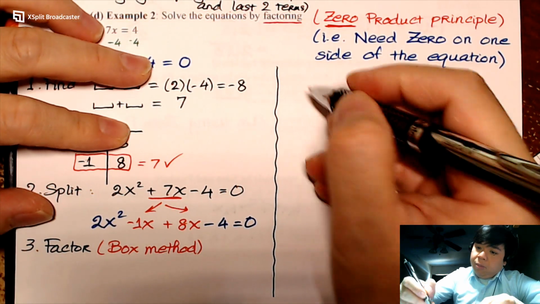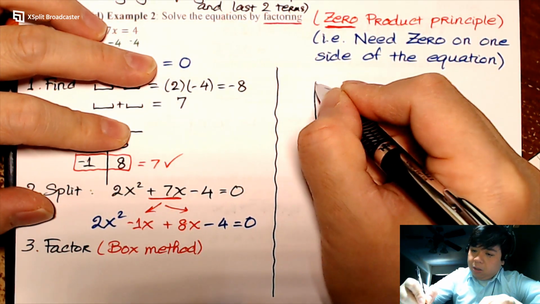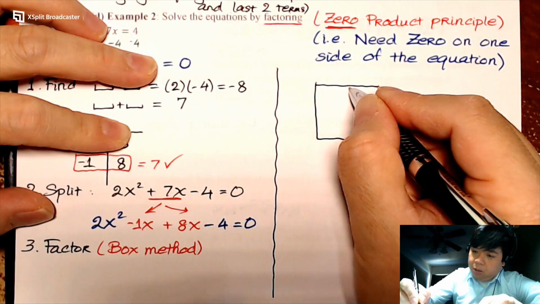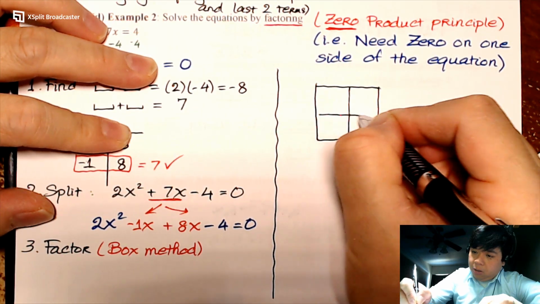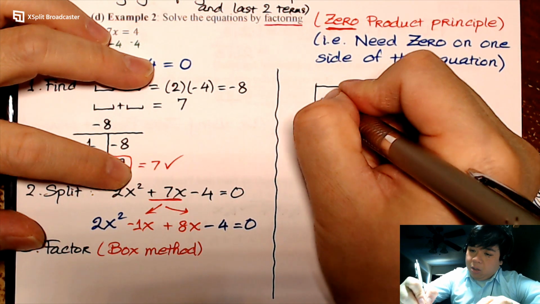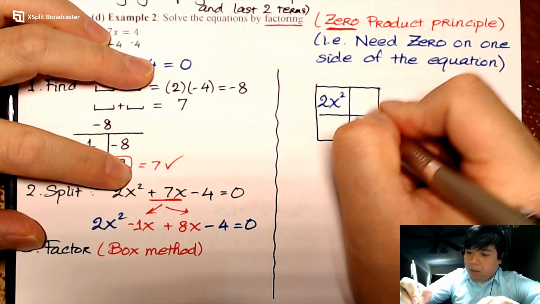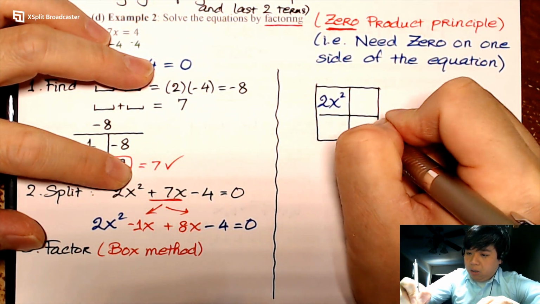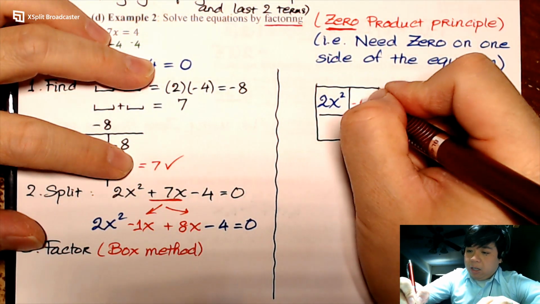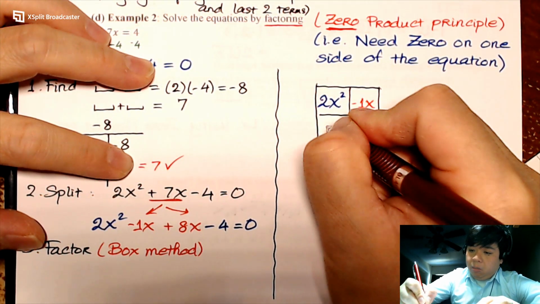Okay, so a box. 2x squared, minus 4, and then we have negative 1x plus 8x.